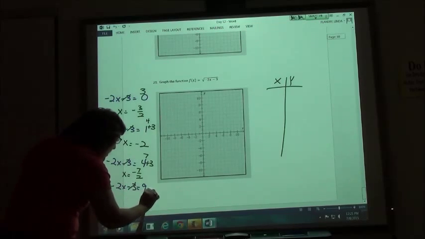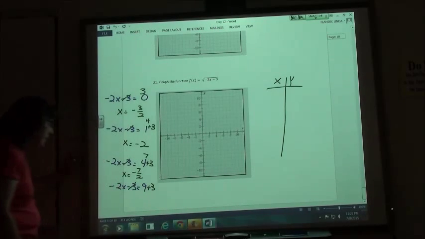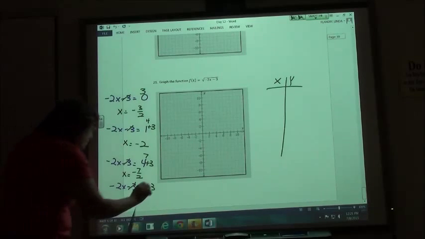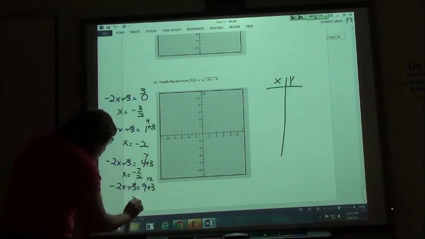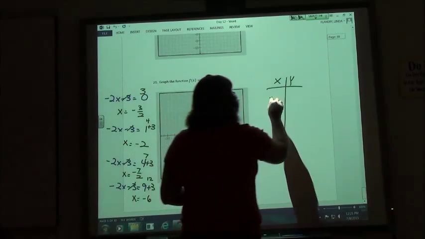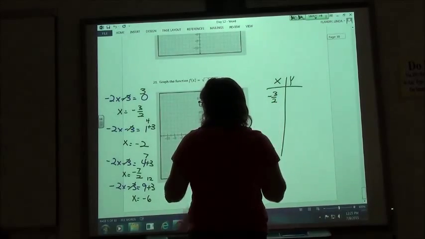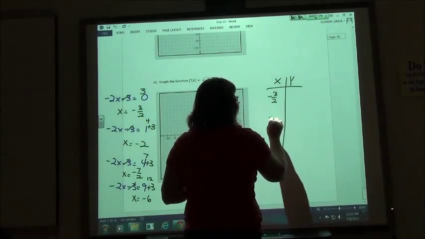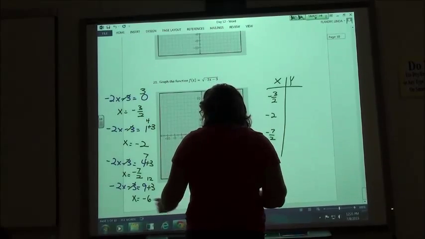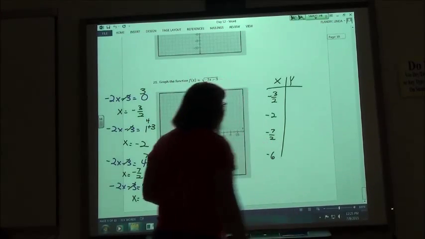And here I'm going to add my 3, which is 12. 12 over negative 2 is negative 6. So negative 3 halves, negative 2, negative 7 halves, and negative 6.